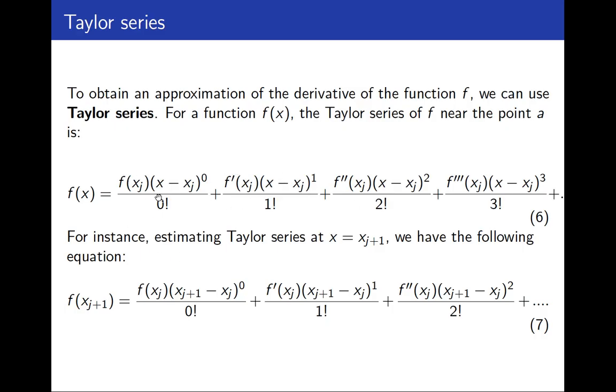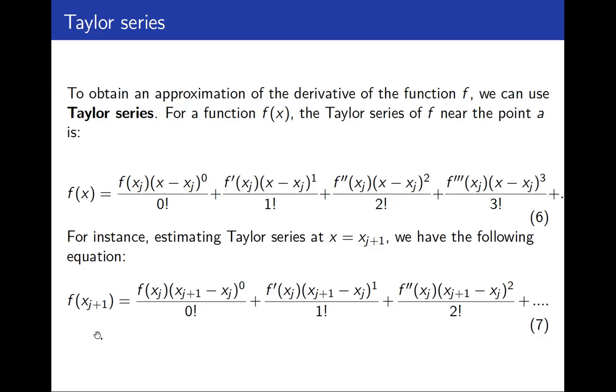Now let's say I want to use this Taylor series to estimate the value of f at the point x equal to x_{j+1}. I just substitute this point here, and then I obtain this expression.